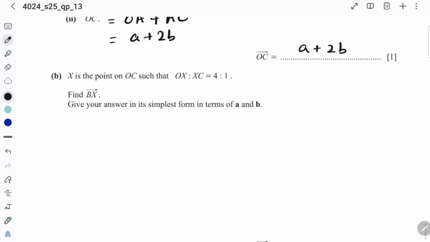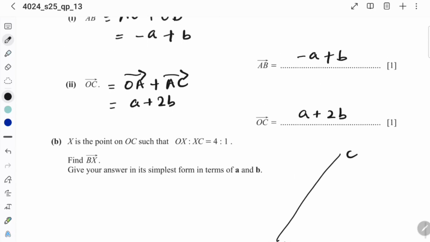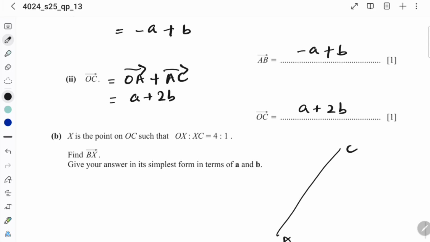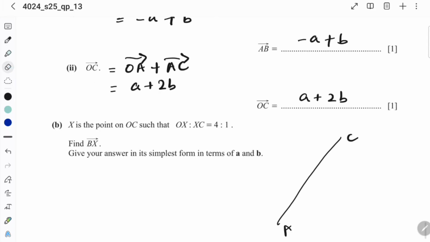Now move to: X is a point on OC such that OX is to XC is 4:1. X is not the point on AC.